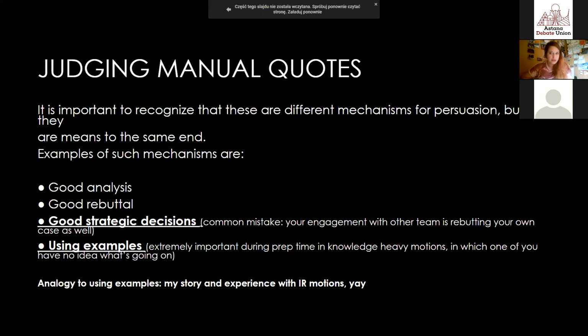But then during the debate, judges didn't have the same amount of knowledge as you, and also you are a bit biased towards your knowledge and you are trusting yourself a lot. So you need to find a way to fit these examples, to make good strategic decisions.